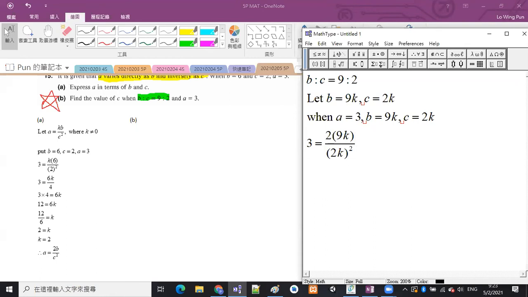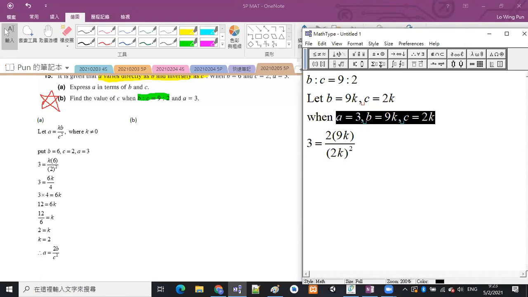Okay, so this is how we put the given information into our equation。嗱，記住喎，留意一樣嘢就係佢話俾你聽 B 比 C 個比例係9比2，唔代表 B 本身係9，C 本身係2。It doesn't mean that B is equal to 9 and C is equal to 2. No, it does not mean this.